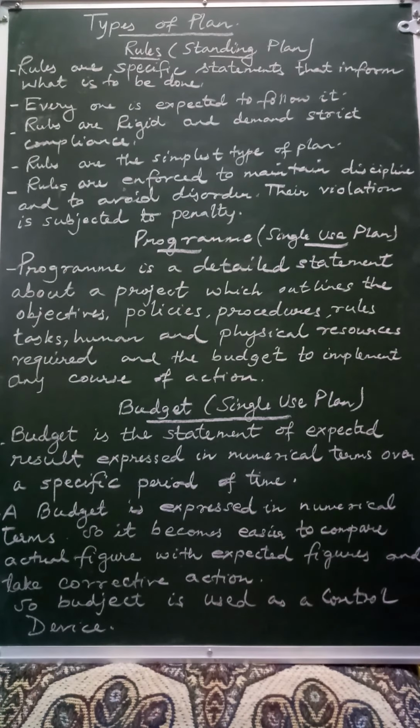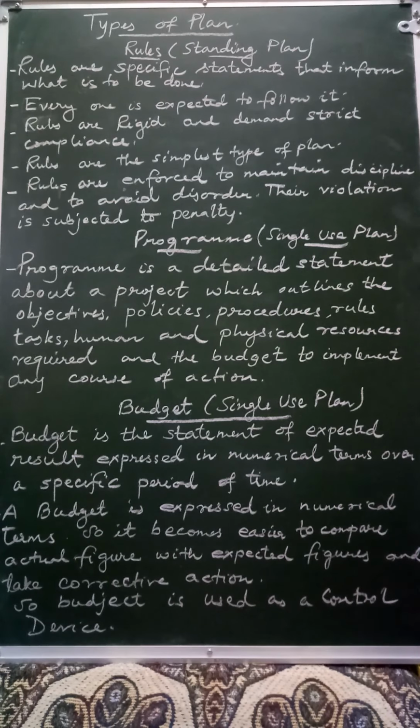The next plan is a program. A program is a detailed statement about a project which outlines the objectives, policies, procedures, rules, tasks, human and physical resources required, and the budget to implement any course of action.